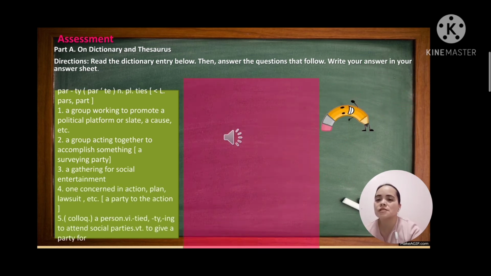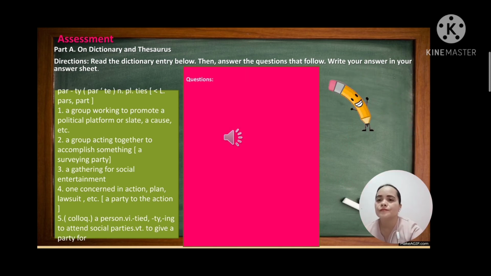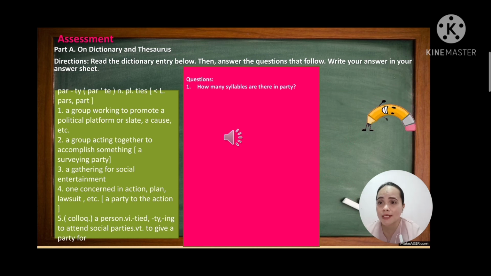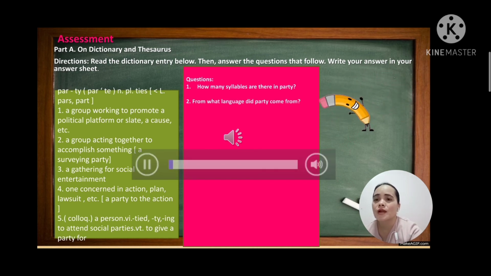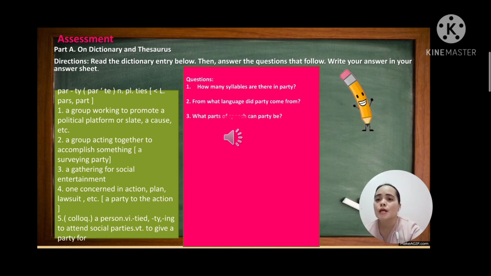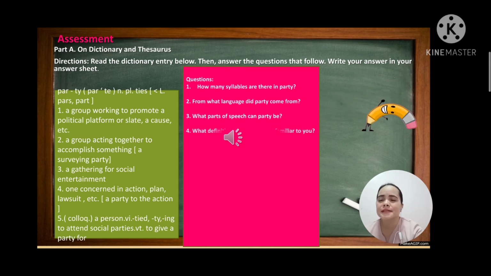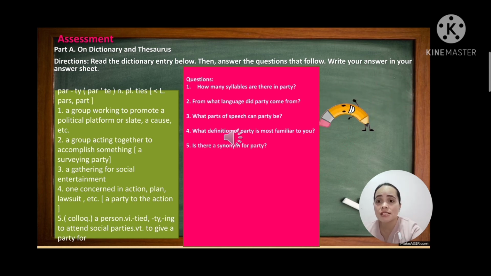Okay, so questions. How many syllables are there in party? Next, from what language did party come? What parts of speech can party be? What definition of party is most familiar to you? Number 5, is there a synonym for party?